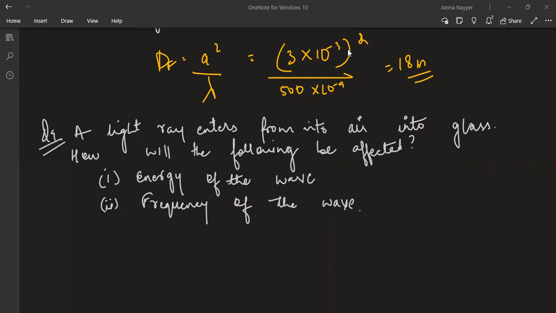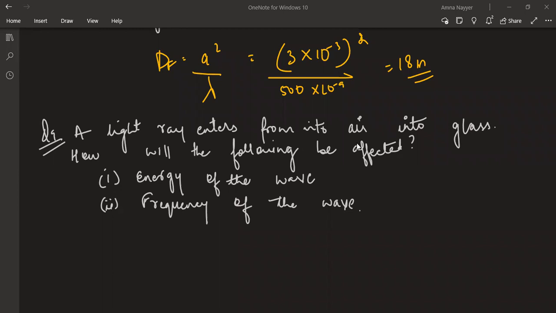Energy of the wave decreases because part of the light wave is reflected back into the air. That's why it decreases. Frequency, yes, Krishna was right.